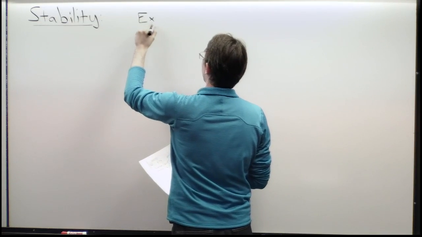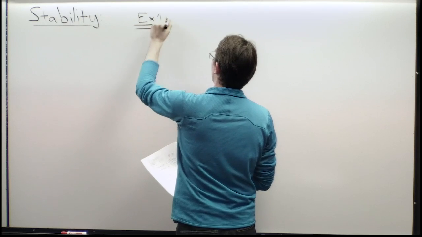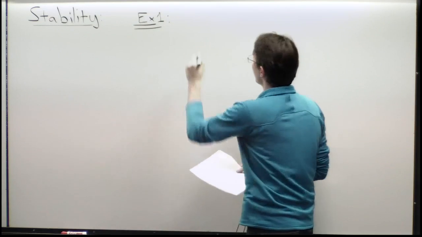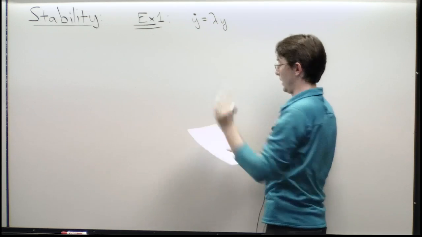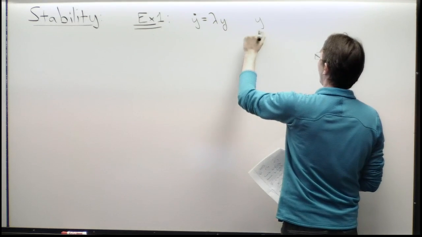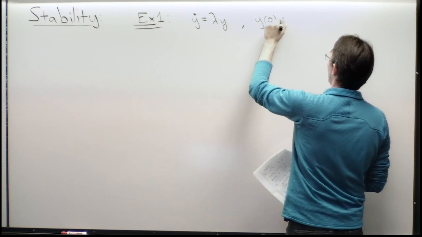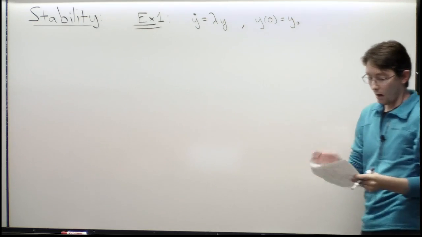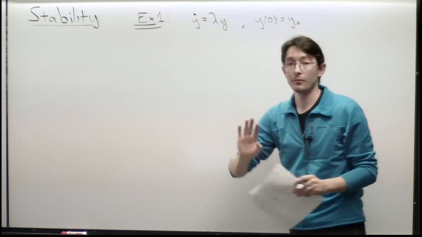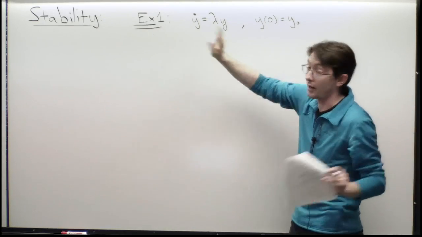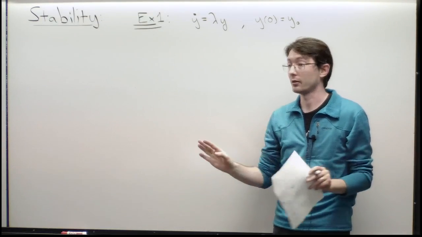My first example is y dot equals lambda y, and I have y at time 0 equals y naught. For this system, y is not a vector, it's just a scalar.